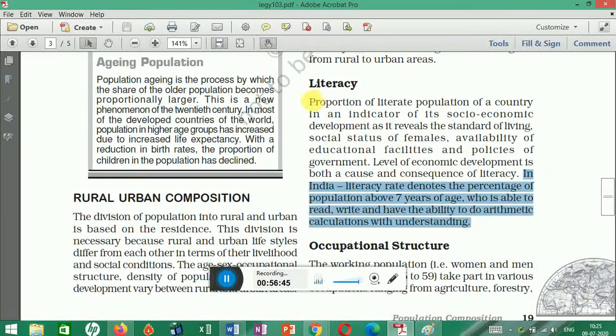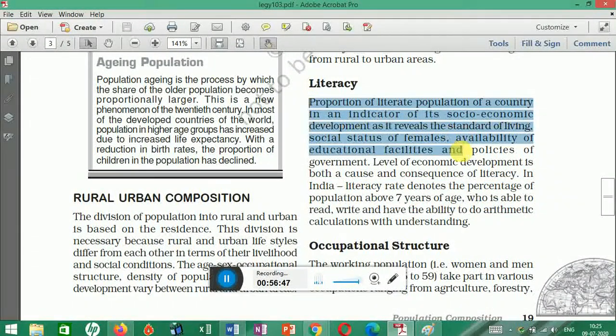See here, the proportion of literate population of a country is an indicator of its socio-economic development as it reveals the standard of living. Literacy rate reveals standard of living.